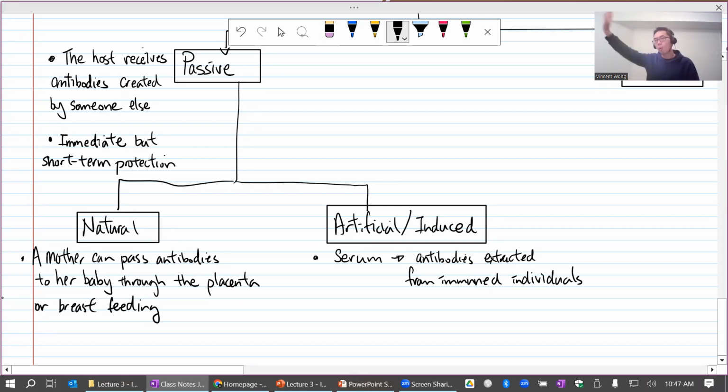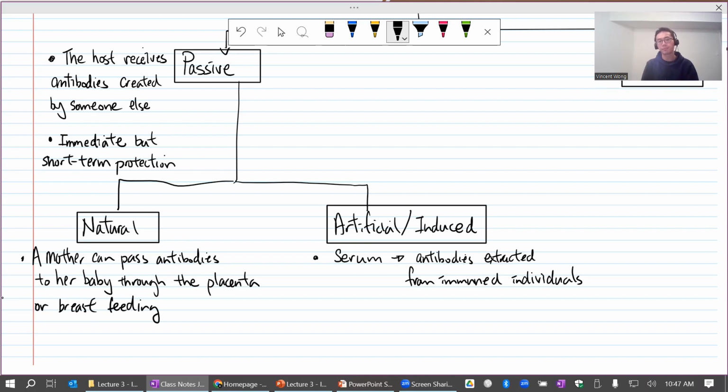So someone else has fought off the disease. We isolate the antibodies and then we mass produce them. That's possible. Like someone else fought off hepatitis. We get the antibody from them, we purify it, and we clone it billions of times. Then you end up having a serum.